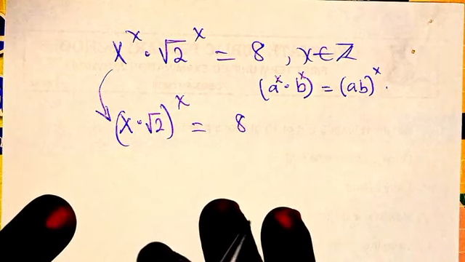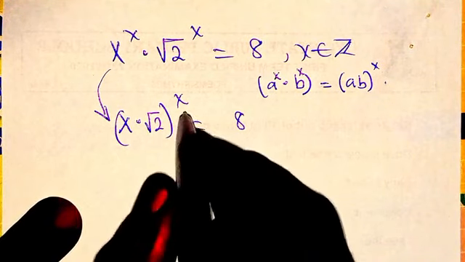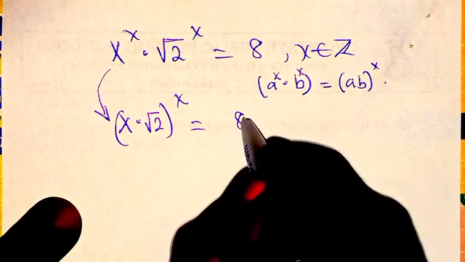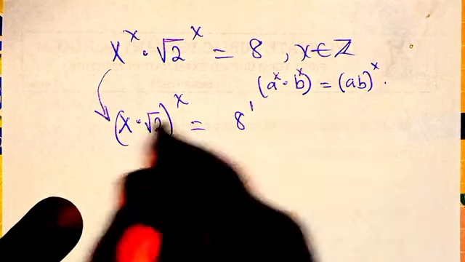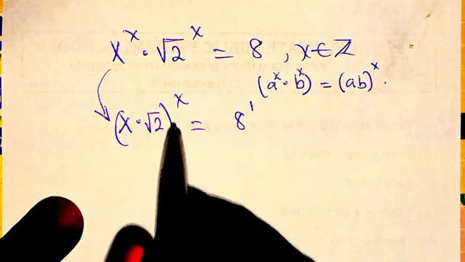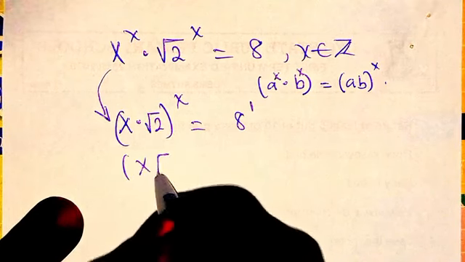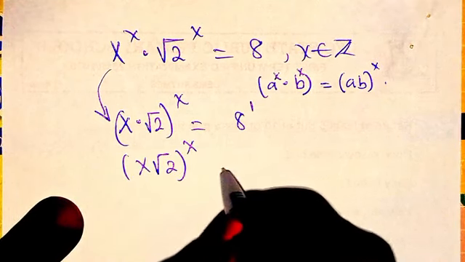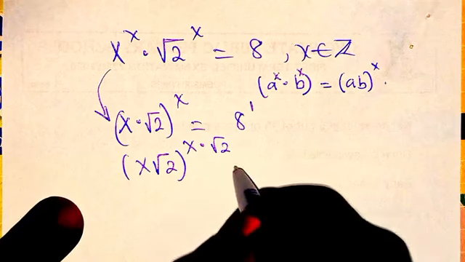Now the next thing we are going to do is that this 8 here in index form can be written as 8 to power 1. So I can have this to be (x root 2) to power x. Then let me multiply this power by root 2.